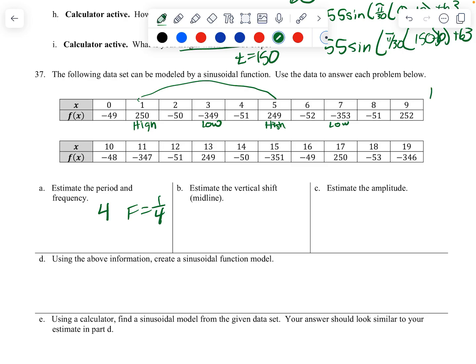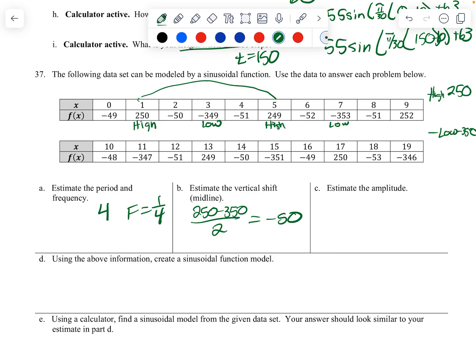So let's see, our high, 240 is about 250. Our low is about negative 350. So the vertical shift in the middle, 250 minus 350 divided by 2. So about negative 50.